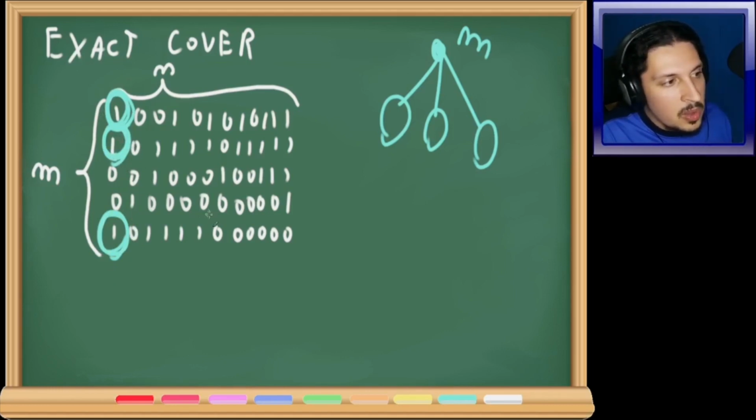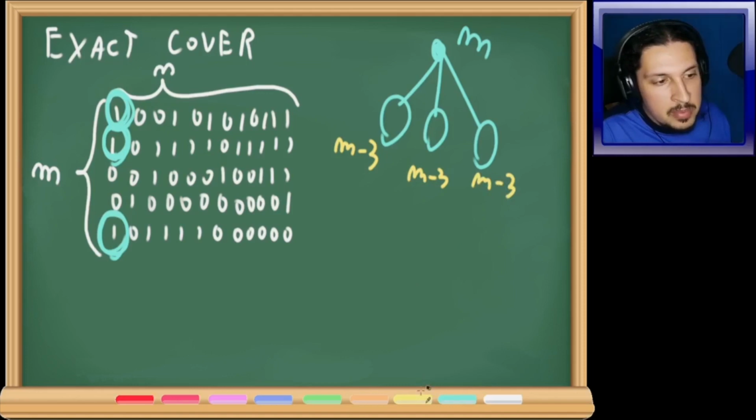So without looking at the full matrix at all for our analysis, we know that if the branching factor is 3, like in this example, then at least the problem size in terms of how many sets we have is reduced by that much. So these problems will be size m minus 3. And the same holds at any node in the chain.